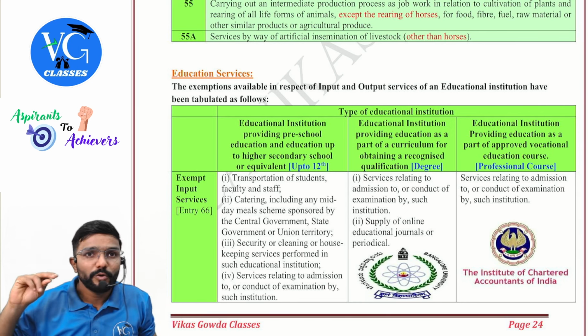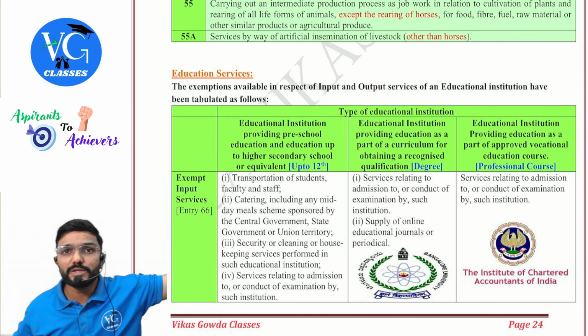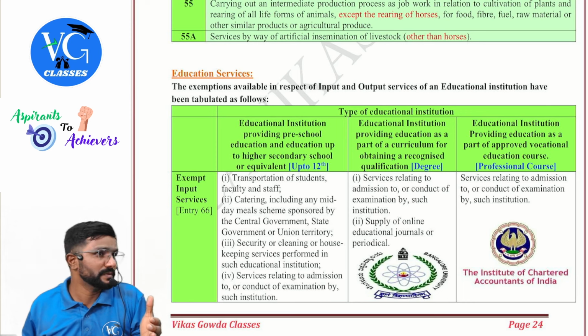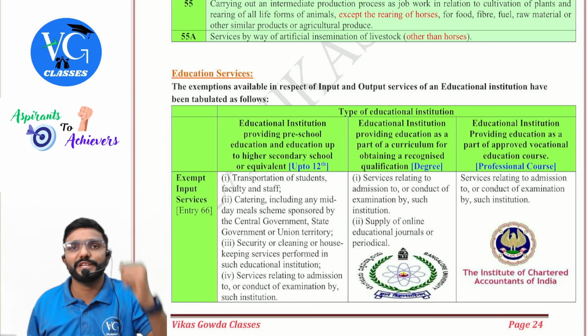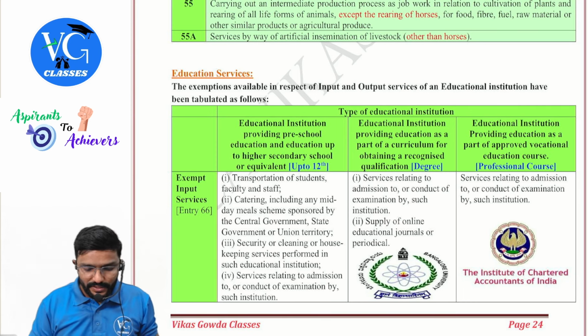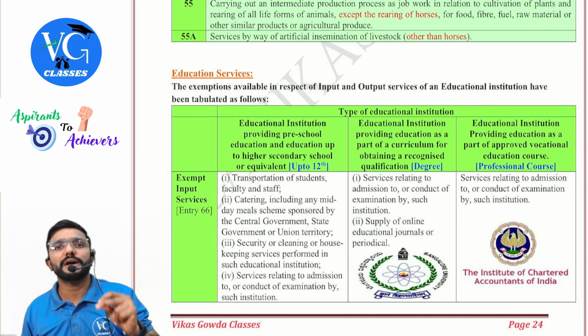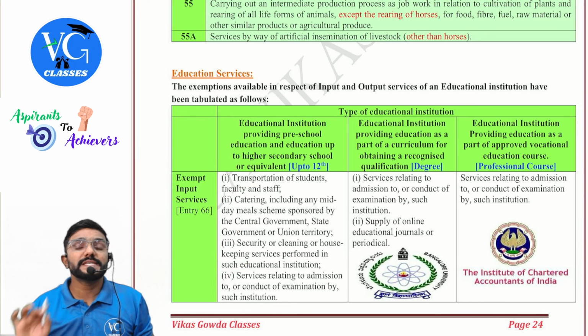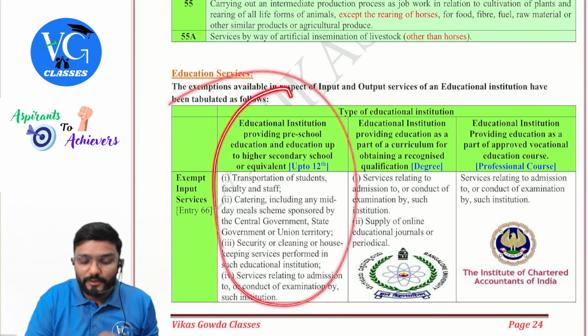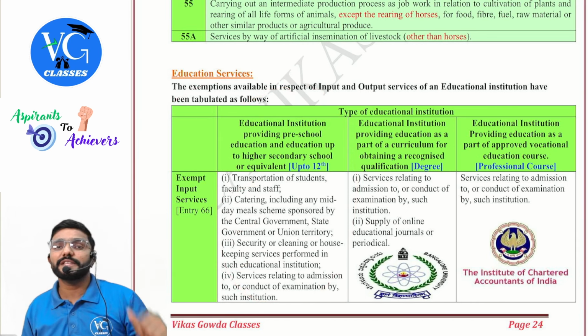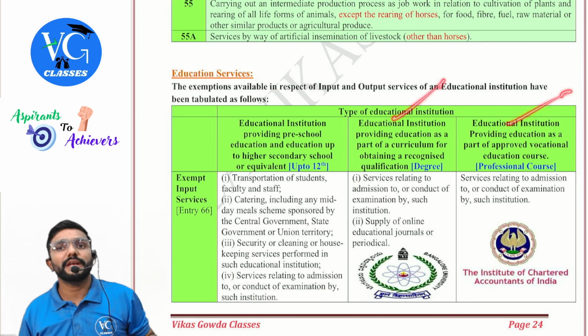We are seeing. Hope you are understanding. So, there is an outsider who is providing these services. On behalf of whom? Educational institution. Which are those, guys? Transportation, catering, security, then services relating to admission. This is exempt only if the receiver is a school. Sir, what if the receiver is a degree college or the ICAI and all?